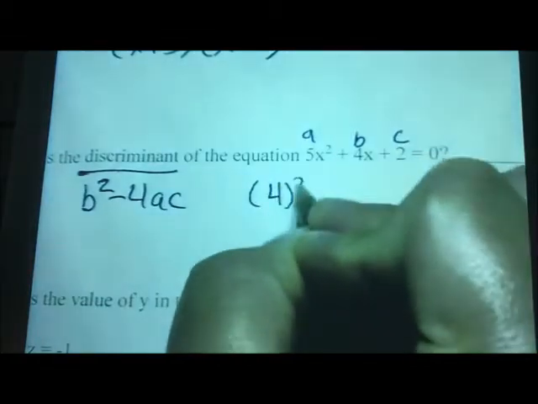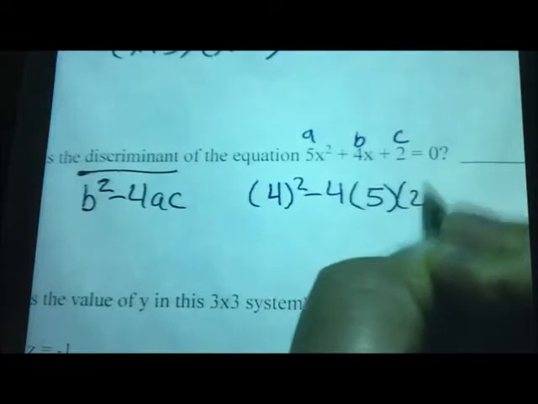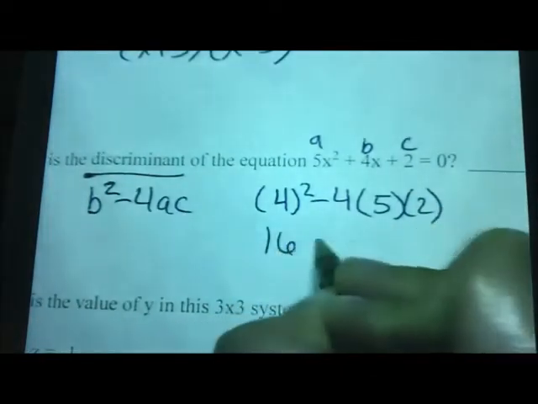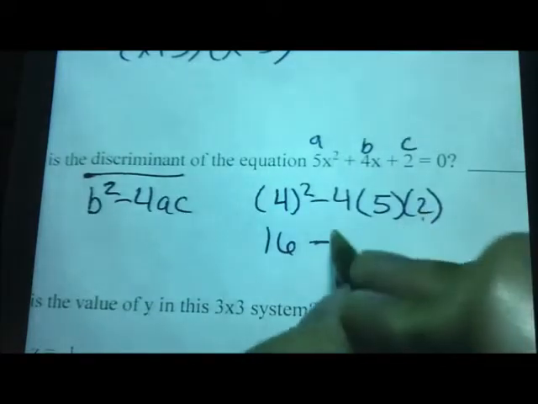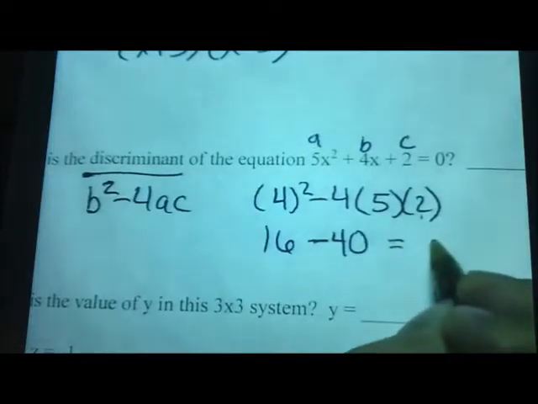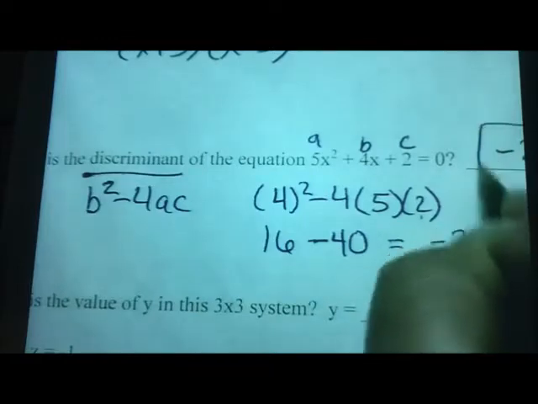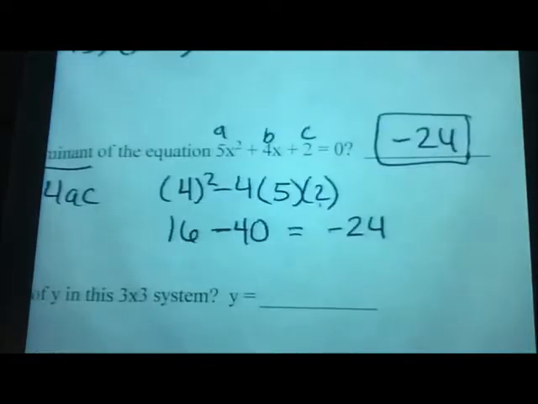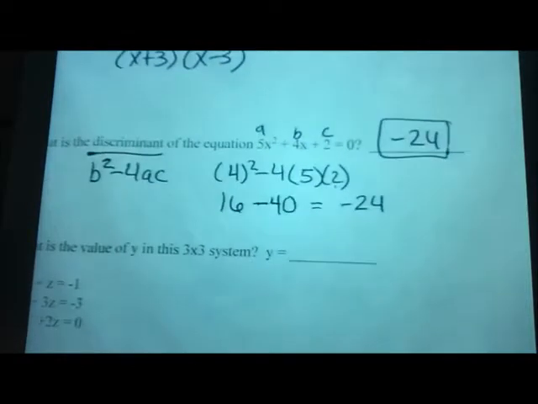So I have 4 squared minus 4 times 5 times 2. So this is 16 minus, 5 times 2 is 20, 20 times 2 is 40. 16 minus 40 would give me a negative 24. So that would be my answer. Now the last few questions, they're going to be open-ended. So you're going to get single numbers.